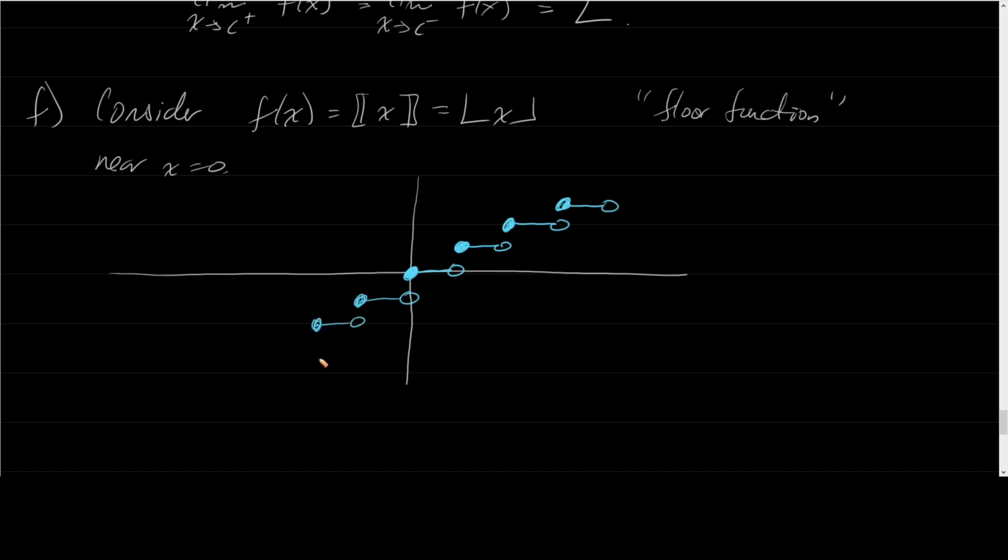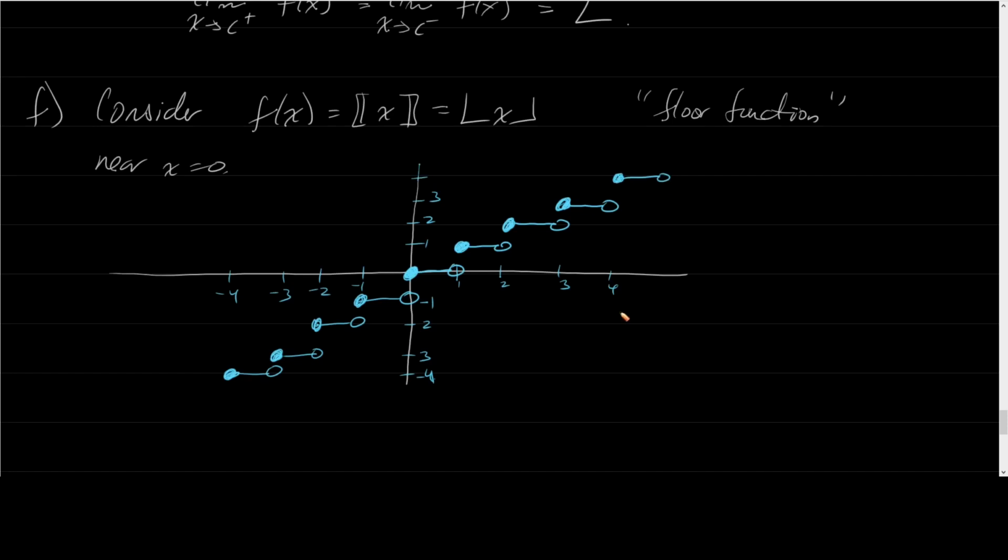Each of these happens at -1, -2, -3, -4, so on and so forth. I'll add the fourth one since I went to 4 in every single one. So that's what that function looks like overall.